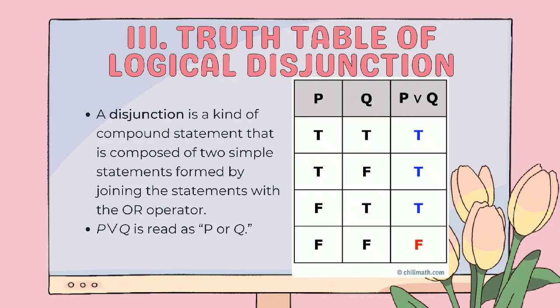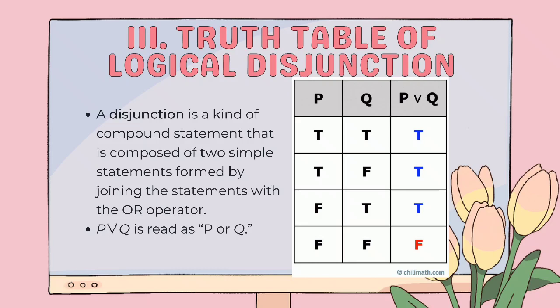That means one or the other or both. The symbol that is used to represent the OR or logical disjunction operator is V, which resembles the letter V of the alphabet. 2 propositions P and Q joined by the OR operator to form a compound statement is written as P V Q, or read as P or Q.